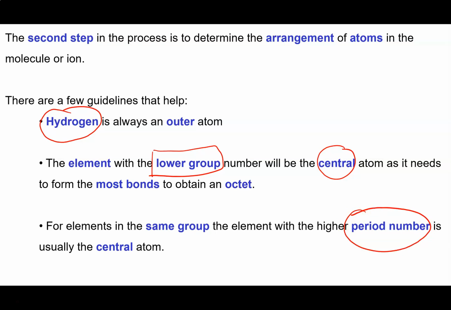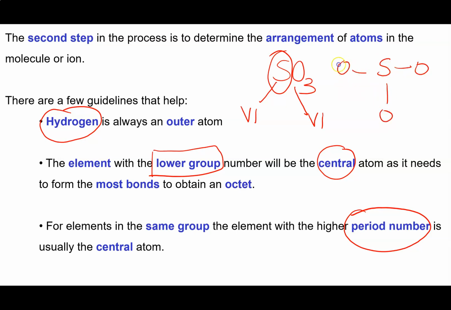So a good example of this is if we have a compound like sulfur trioxide, both of these are in group 6, but sulfur lies further down, it's in period 3, versus oxygen that's in period 2. So sulfur will be my central atom and my oxygens will go on the outside.